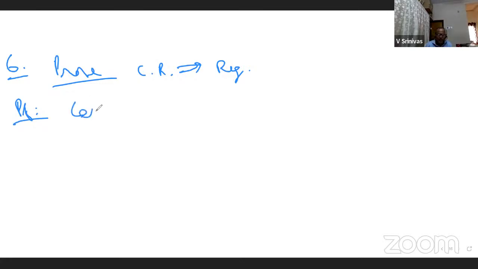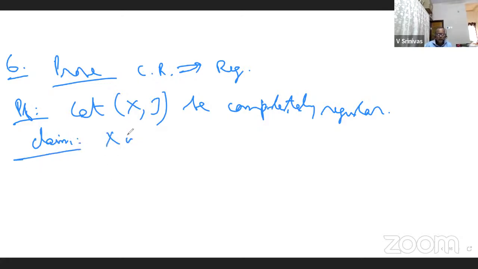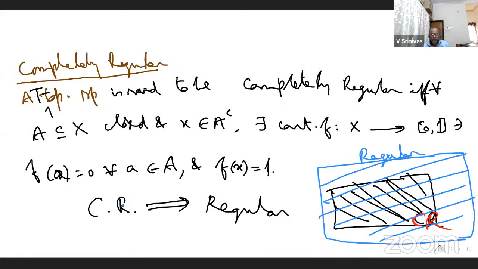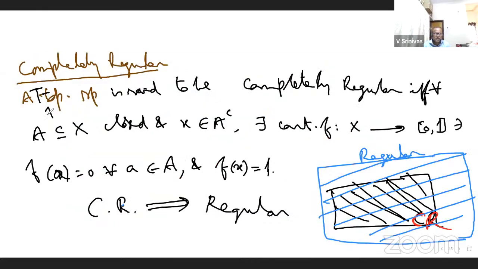Let us assume (X, tau) is completely regular. Claim: capital X is regular. In both the definitions you have T1. A regular space is T1 and a completely regular space is also defined for T1 spaces. So T1 need not be proved.